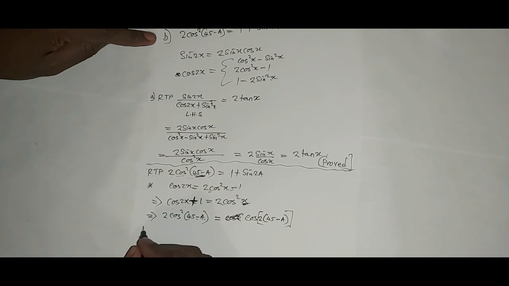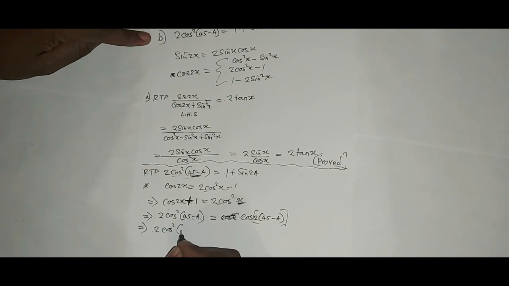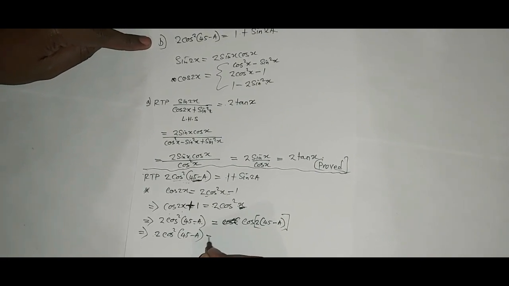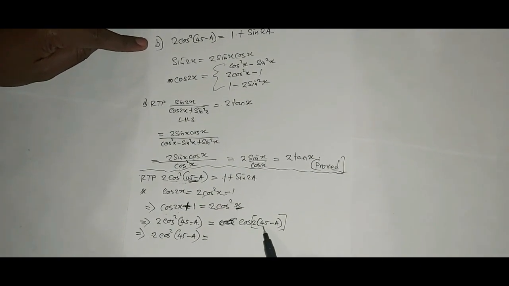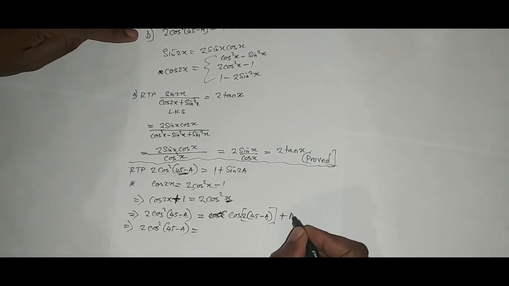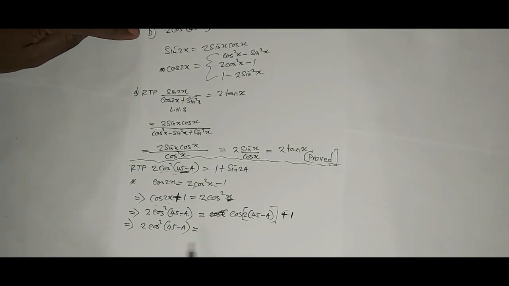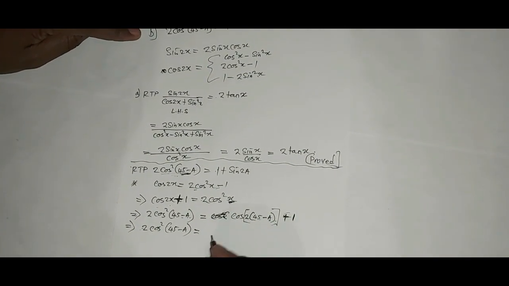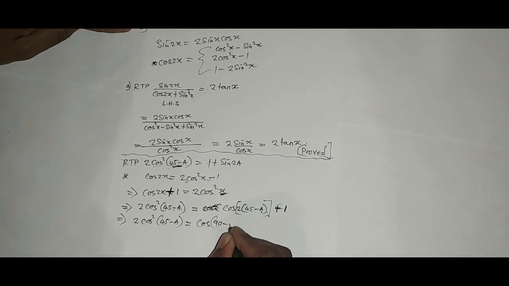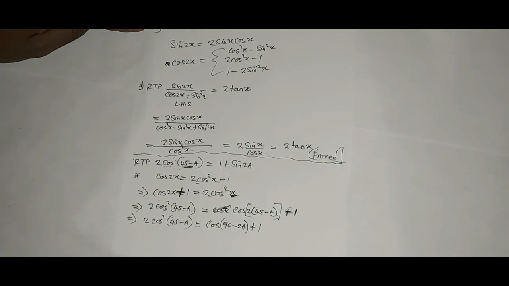So 2 cos squared (45 minus a) will now be equal to cos of 2 times (45 minus a), which is exactly what we're having here, and we must say plus 1 here. Don't get confused. The plus 1 is the plus 1 that we are having here. Removing this bracket, it will be cos of 90 minus 2a plus 1.